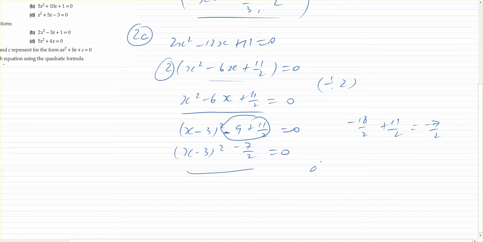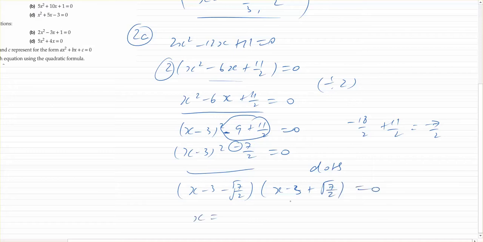I can use dots because that's a minus, okay? And that's not a square number, so you can make it a square number by using a surd. So you go x minus 3 minus root 7 over 2, x minus 3 plus root 7 over 2 equals 0.